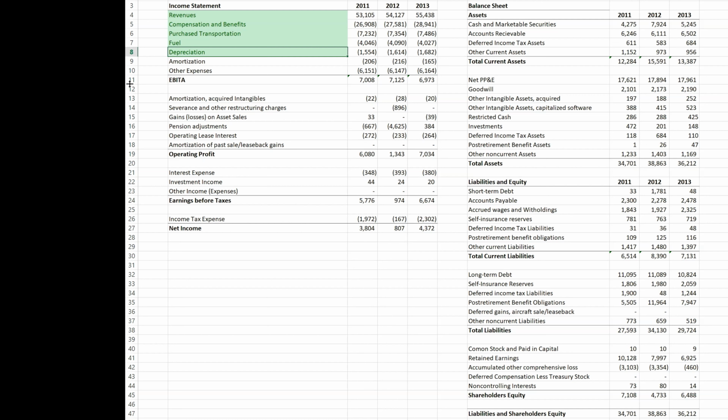So I'm depreciating this truck over 5 years. After 5 years, the amount of wear and tear on the truck means that I need a new truck. I've just totally worn it out. And if the company was acting in the best interests of its shareholders, then it would be putting the depreciation into a savings account, more or less, so that by the time it came time to replace the truck, it would have enough money to buy a new truck and then start the depreciation process all over again.